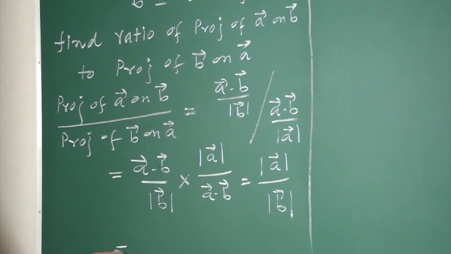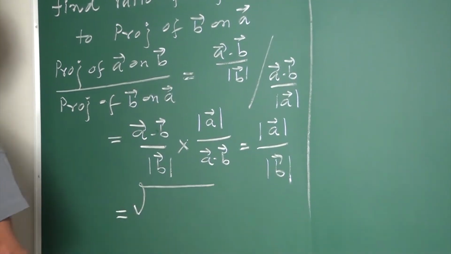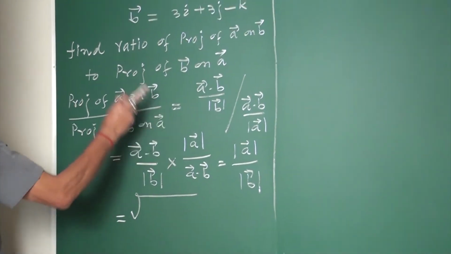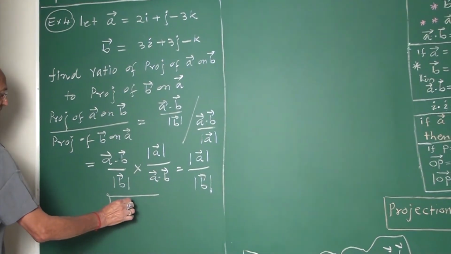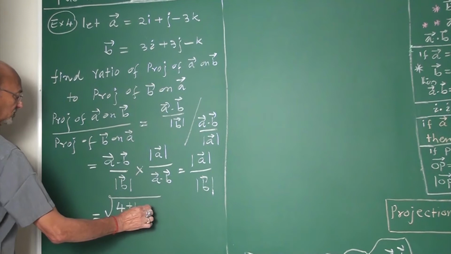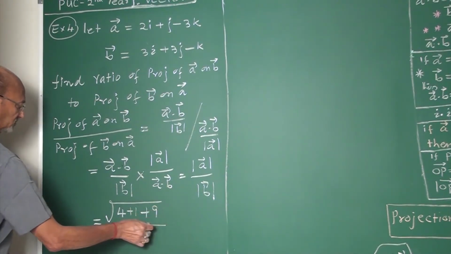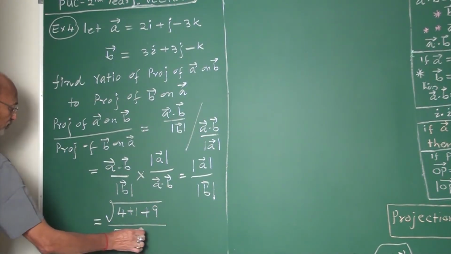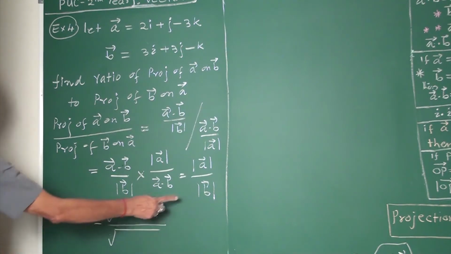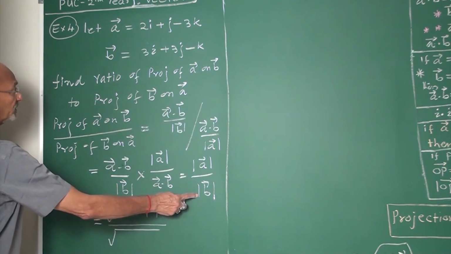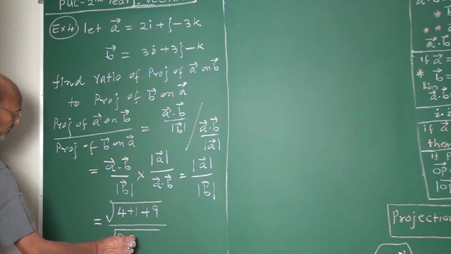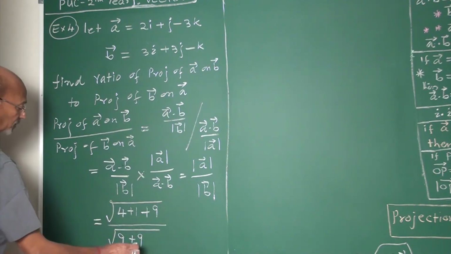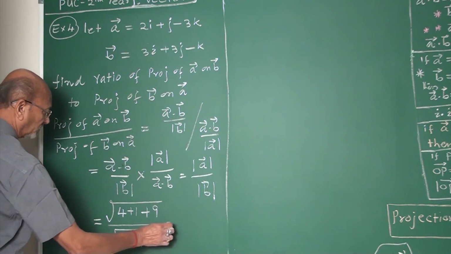Magnitude of A is the square root of 2 squared plus 1 squared plus minus 3 the whole squared. Magnitude of B is the square root of 3 squared plus 3 squared plus minus 1 whole squared.